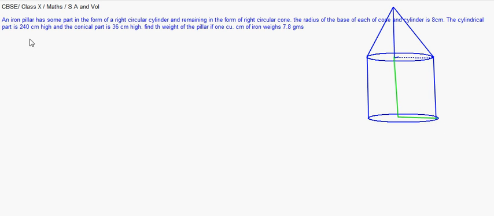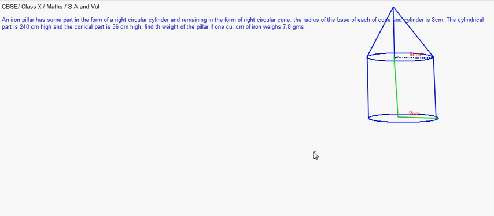Because an iron pillar has some part in the form of a right circular cylinder and the remaining as a right circular cone. The radius of the base of each of cone and the cylinder is 8 centimeter. So this will be 8 centimeter, even this is 8 centimeter.